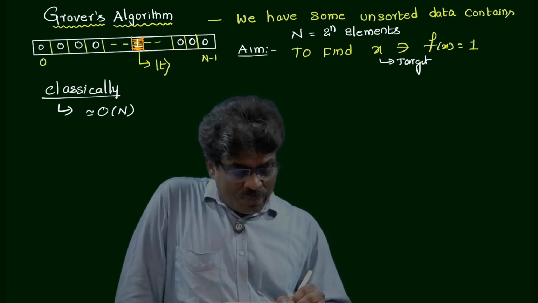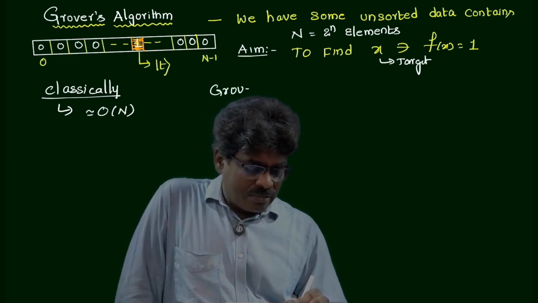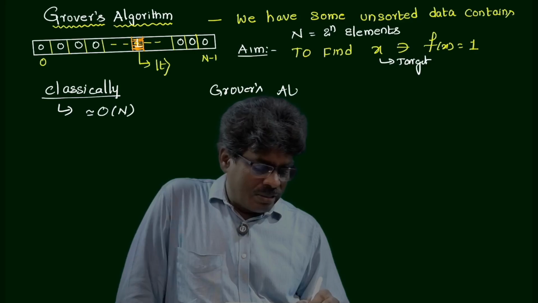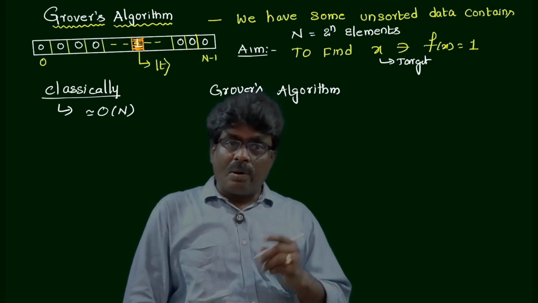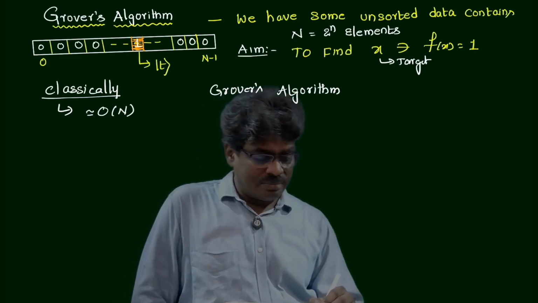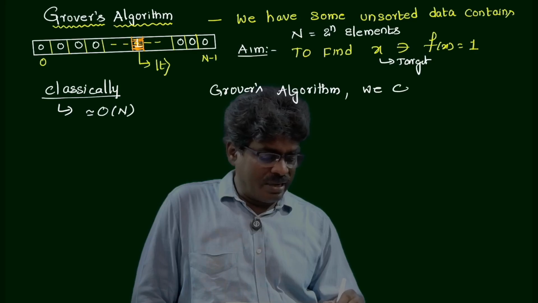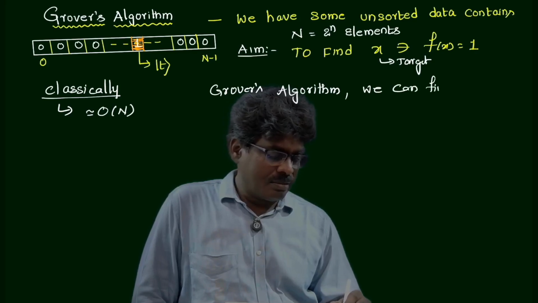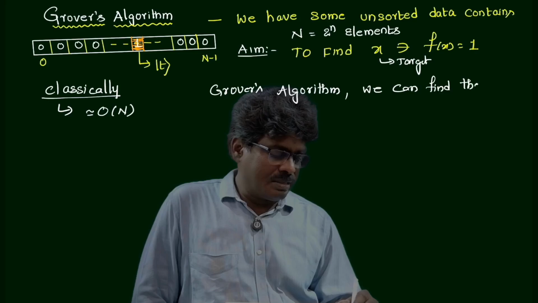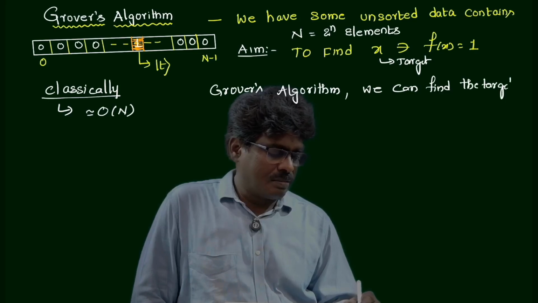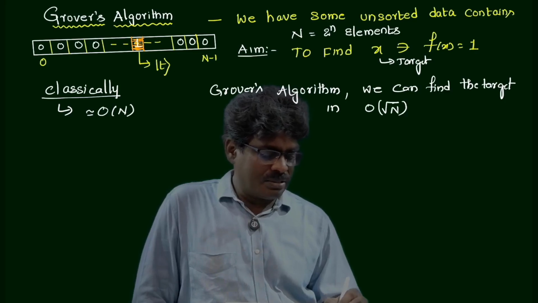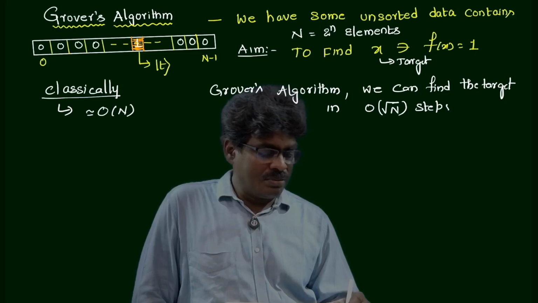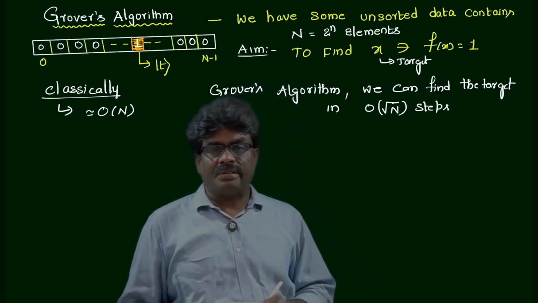But in Grover's algorithm, we can achieve this within order of root N steps. We can find the target in order of root N steps. So this is what we are going to derive in this algorithm.